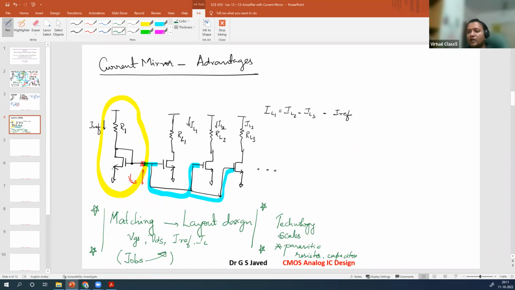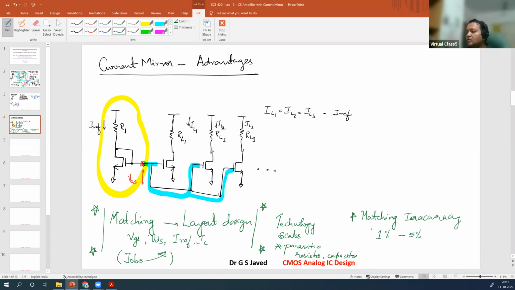So if you go through any layout design course, the first thing they will ask is matching, and you can find a metric of this one called matching inaccuracy. Matching inaccuracy is defined in percentage, 1% to 5%.